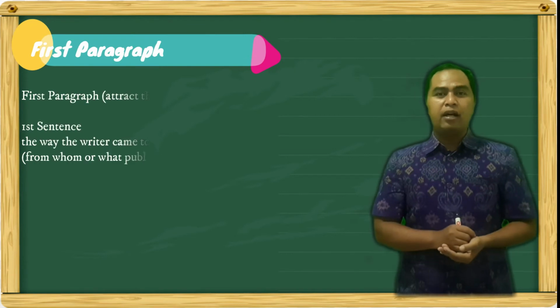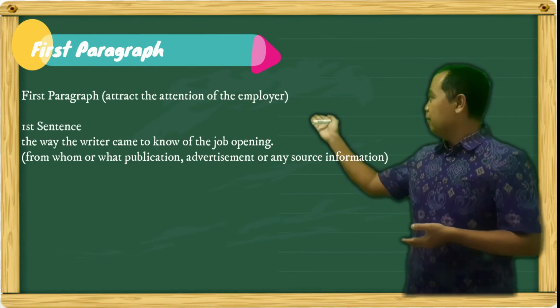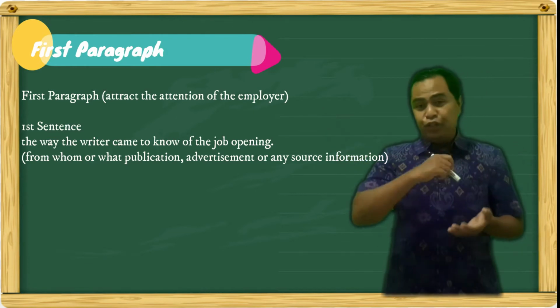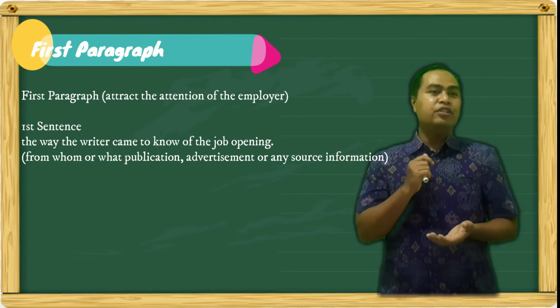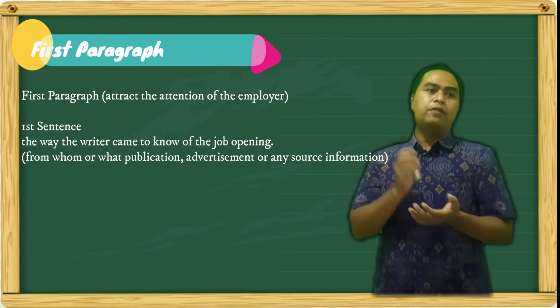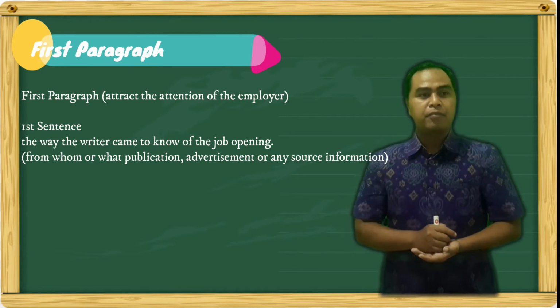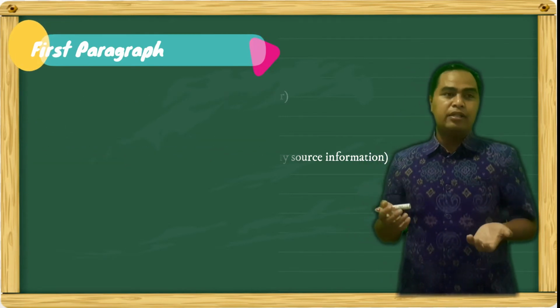In the first paragraph, you should attract the attention of the employer. In the first sentence, you write how you know about the job opening, from whom or from what publication, advertisement, or any source of information.